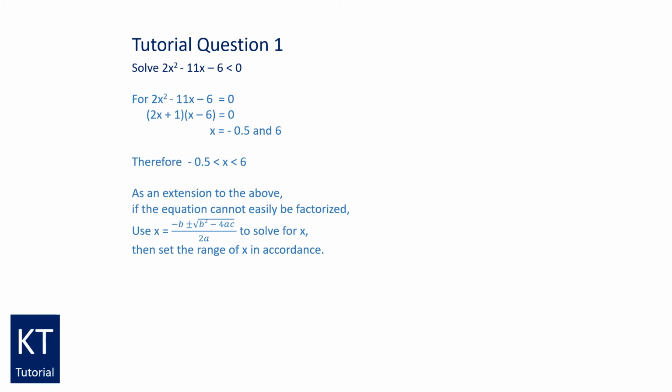From the given inequality, we are looking for the portion of the parabola when its y value is below the x-axis. This is going to be when x is strictly between -0.5 and 6. As an extension to the above, if the equation cannot be easily factorized, you could solve for x by using the quadratic formula.